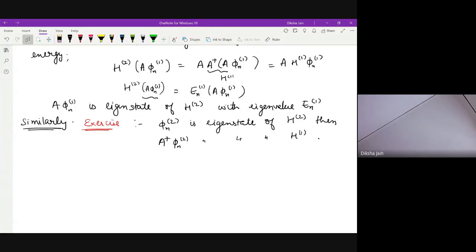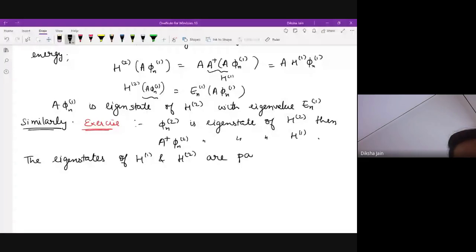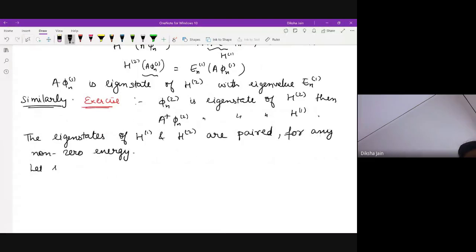So the eigenstates of H1 and H2 are paired, and this happens for any non-zero energy. This doesn't work for the zero energy state. Let's say phi 0 of 1 was a zero energy state of H1.